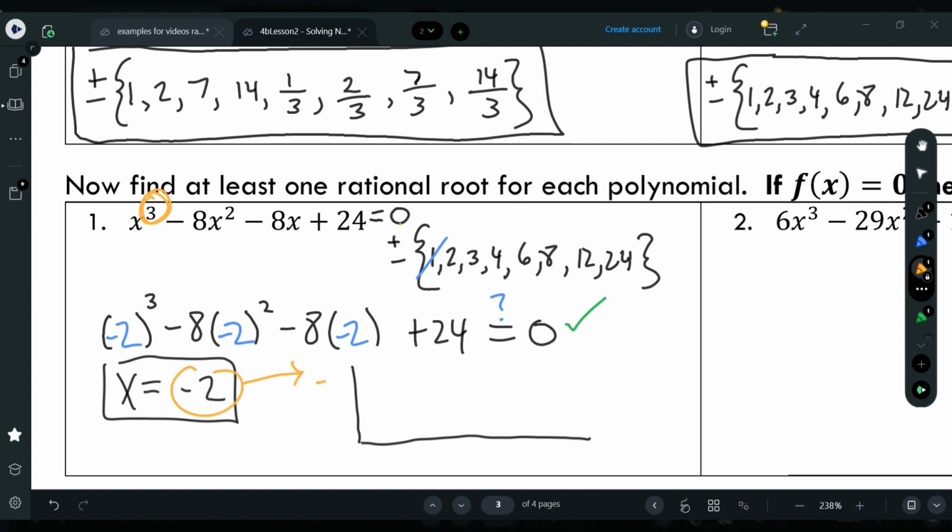Don't change the sign because this is a solution. Use our coefficients from here. So that's going to be a 1, -8, -8, 24. Okay, and then you could do this, and the quadratic down here, you could solve that to get the last two remaining solutions. But we're done with this. We did more on this one than we actually were asked to do. So we're done with this one.